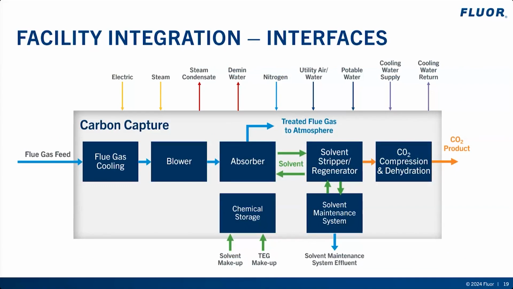Utility requirements of a carbon capture plant are pretty typical of any industrial facility and can include steam to meet the carbon capture utility heat requirements, electricity to meet the carbon capture plant power requirements, cooling water to meet the cooling utility requirements if cooling water is available, a heating and cooling glycol system subject to the design and requirements of the plant, raw water or treated water makeup to the system, nitrogen for blanketing if it's required by the design, instrument air for process control, and utility air and utility water systems to support plant maintenance activities.